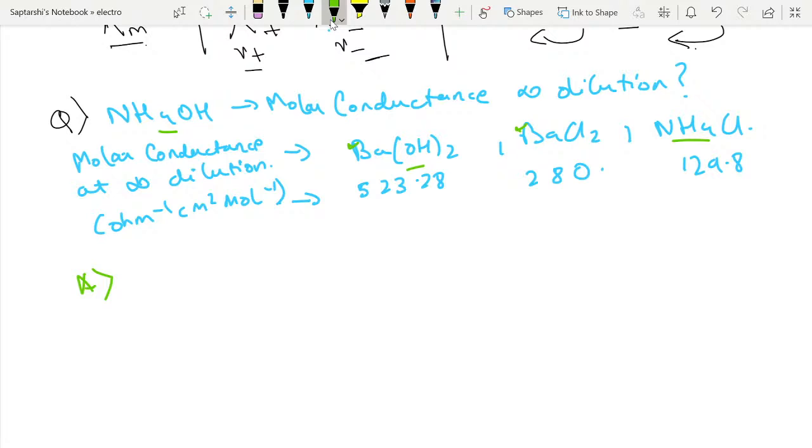So it says that for barium hydroxide, every anion and cation will make a contribution.